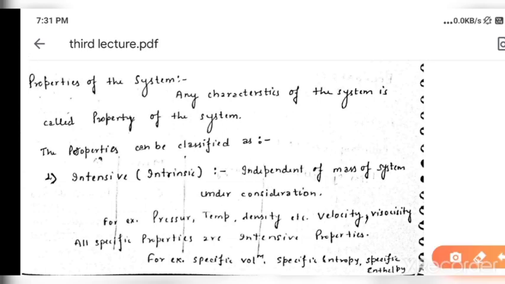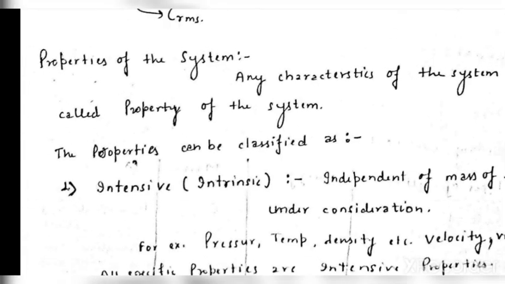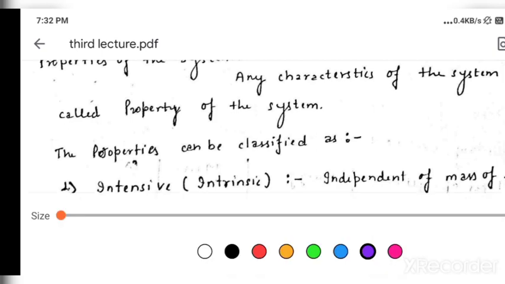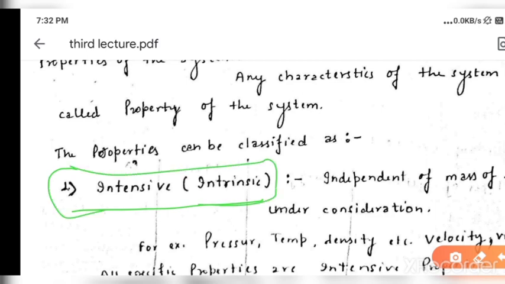Properties of system: any characteristic of the system is called a property of the system. Generally, you know very well, everybody has some properties in their nature. So the properties are classified in two categories. The first one is intrinsic. Intrinsic means independent of the mass of the system under consideration.